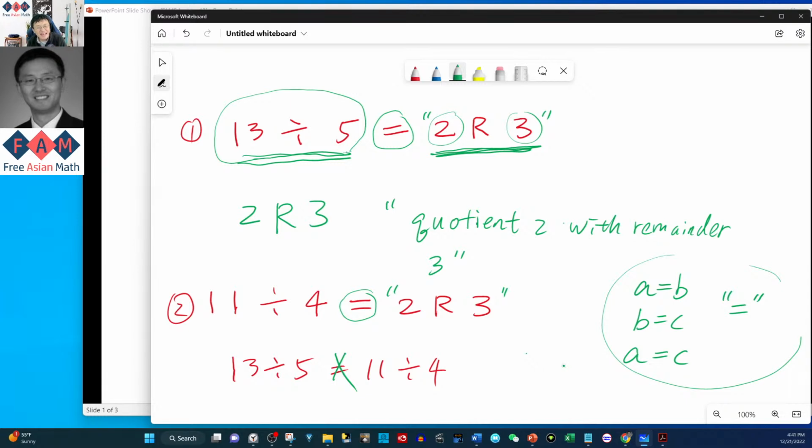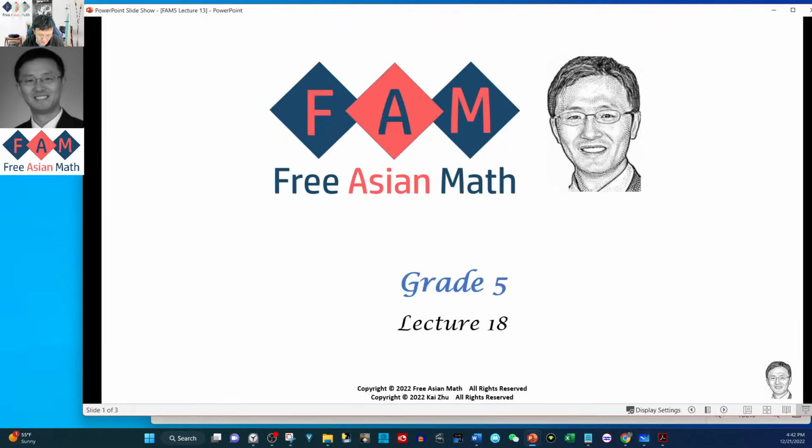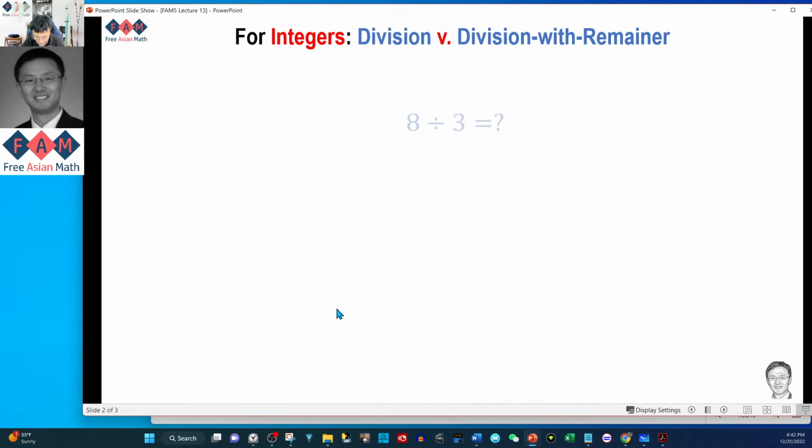So this is inherently impossible or ill-defined. We cannot use this to be a result of 13 divided by 5. Okay, so that is a very important observation before we discuss.